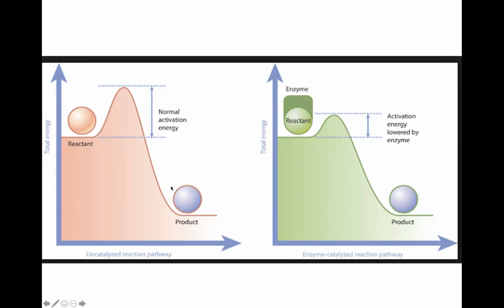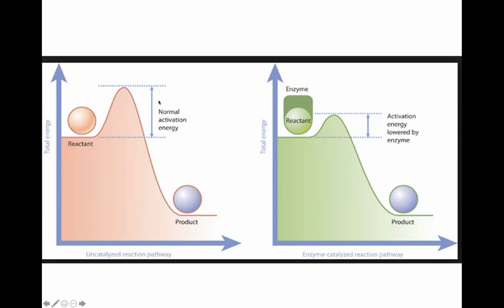substances being generated. So in a chemical reaction that is uncatalyzed, that means there's no enzyme present. On the x-axis here, we have our uncatalyzed reaction. On the y-axis, we have the amount of energy that is being used. So we have our reactants that will now become products, right?